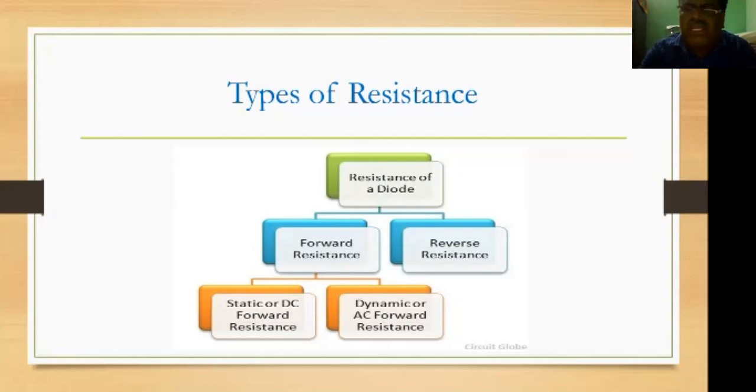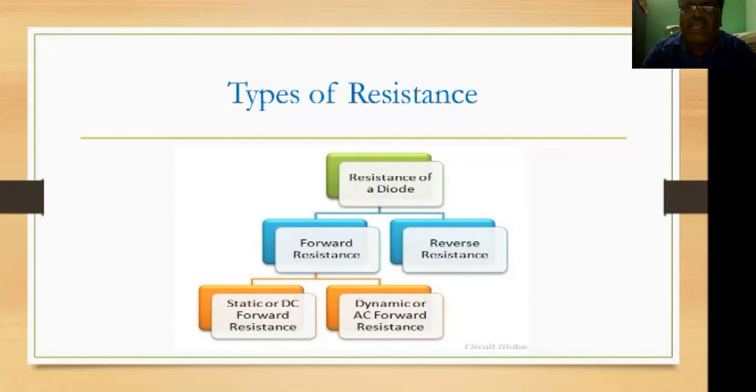Here, forward resistance is again split into two types: static or DC forward resistance and dynamic or AC forward resistance. So in general, how many types of resistance? Static or DC resistance is one type. The second one is dynamic or AC resistance.